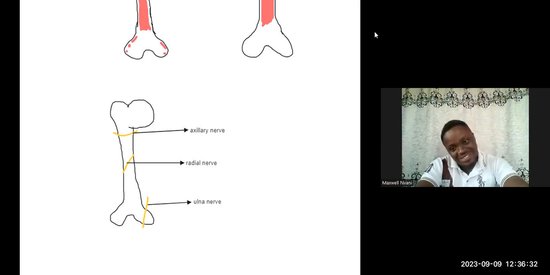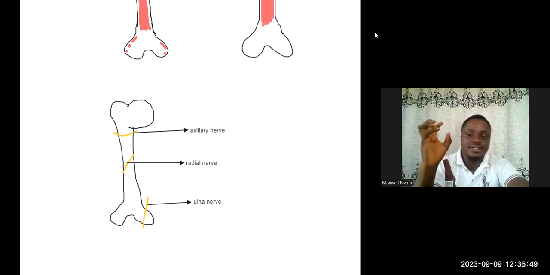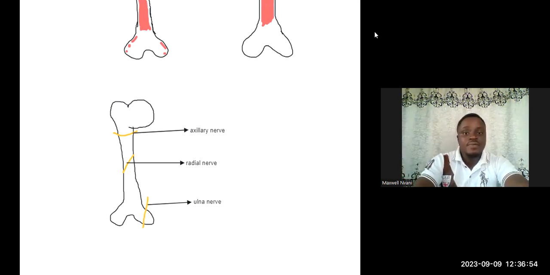You can look that up so that you know what it is. But for your level now, if there is a supracondylar fracture, it could lead to damage of the ulnar nerve. It could also lead to Volkmann's contracture. Okay, so that is that for the humerus.